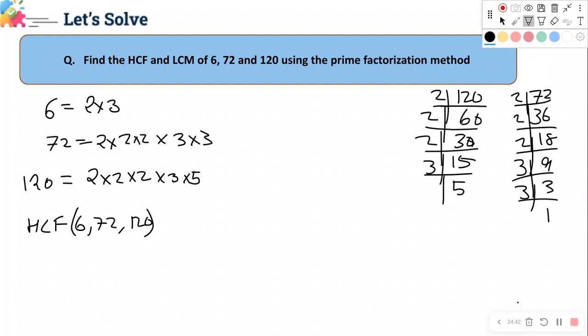Here you can see 2 and 3 are the smallest powers in both 3 of the numbers. देखो 2 यहाँ पे भी आ रहा है, 3 यहाँ पे भी आ रहा है, so we can say that HCF is 2 into 3, that is nothing but 6. Okay, so आपका HCF बन जाता है 6. ऑलराइट, HCF मिल गया हमको, HCF is 6.